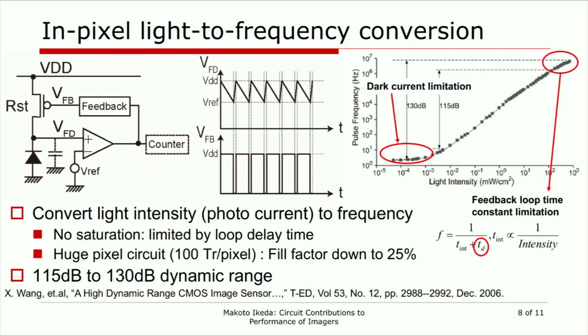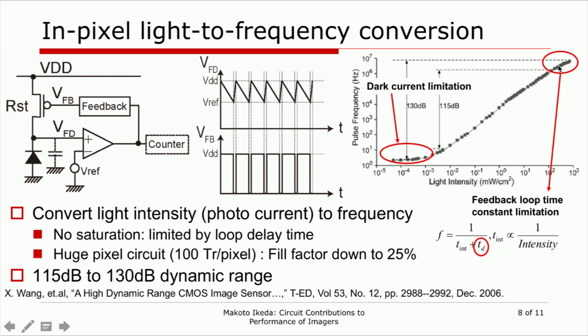In-pixel light to frequency conversion is another way to realize dynamic range extension. So for this case, the light signal is converted into a sequence or series of pulses. Dynamic range is limited by dark current for the lower illumination, just like the ordinary image sensors, and the upper bound is determined by the loop bandwidth.